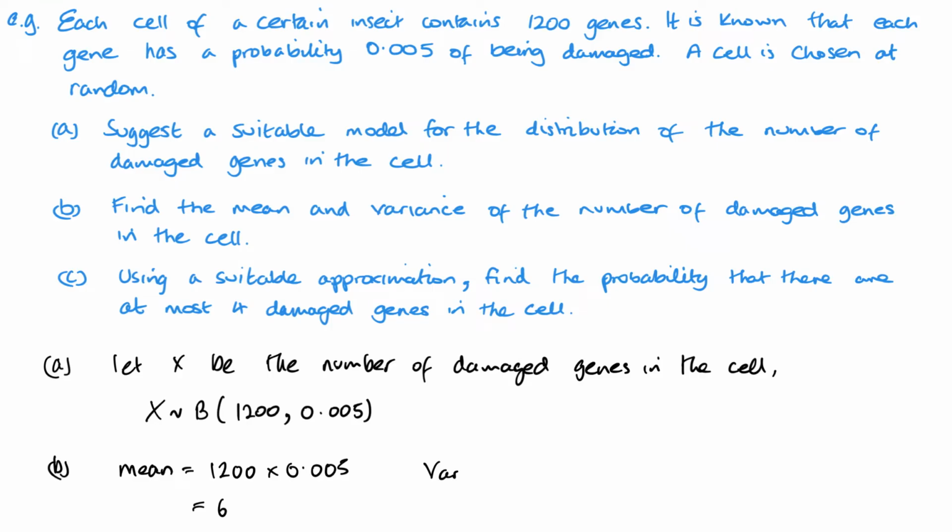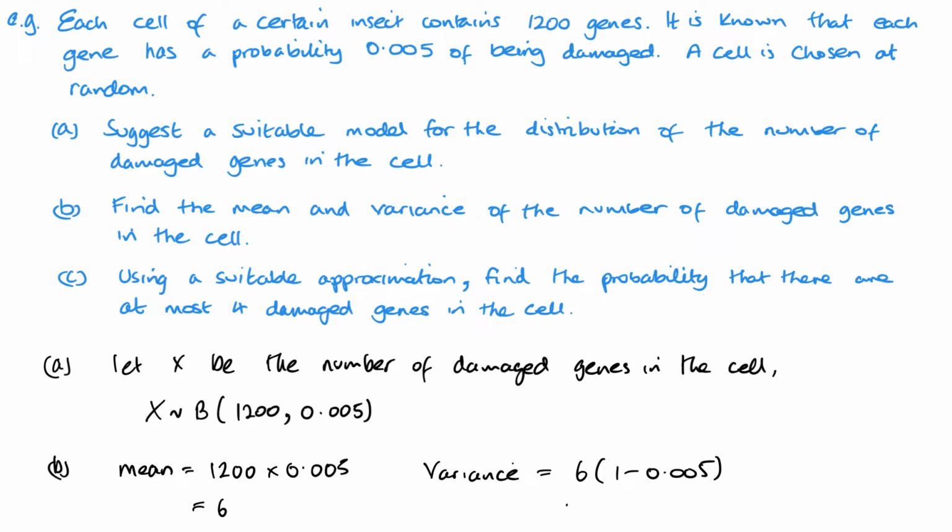And the variance we'd expect to be very close to this as well, wouldn't we? So if you remember, variance is NP, which is going to be the 6 multiplied by 1 minus P. So we're multiplying the 6 by 1 minus 0.005.